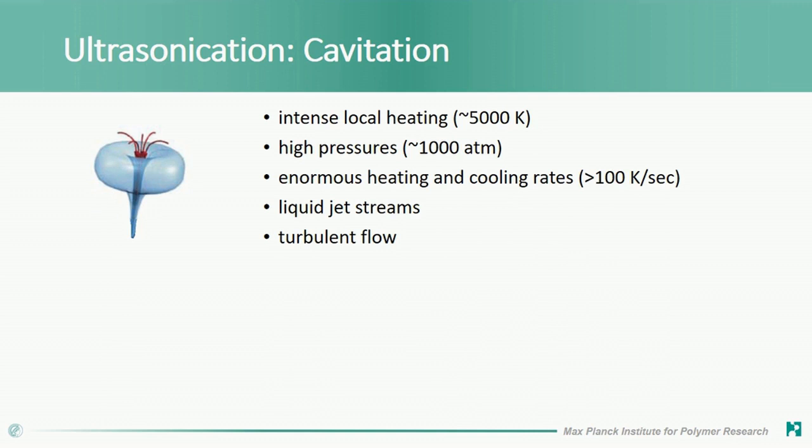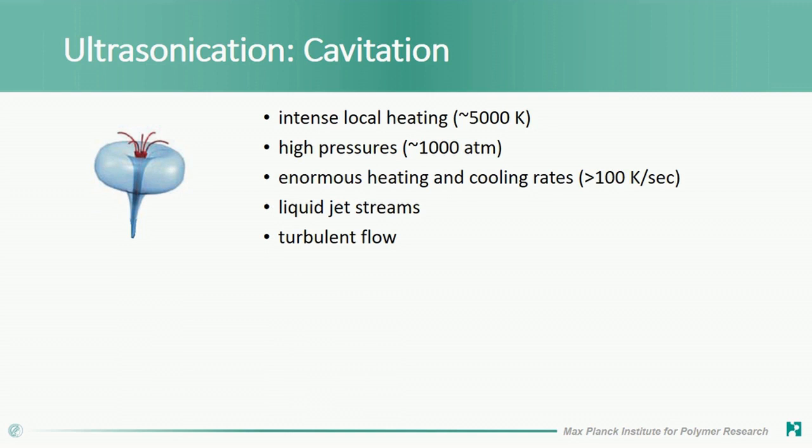And those cavitation events are more frequent very close to the tip of the probe than far away. If you're at a few microns from the tip of the probe, you might have hundreds of cavitation events per second. But only 1 centimeter away from the probe, it will be less than 1 cavitation event per second.